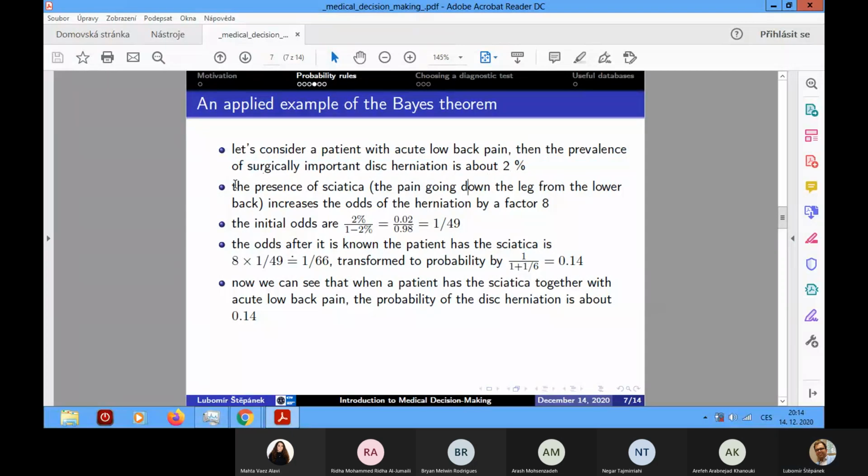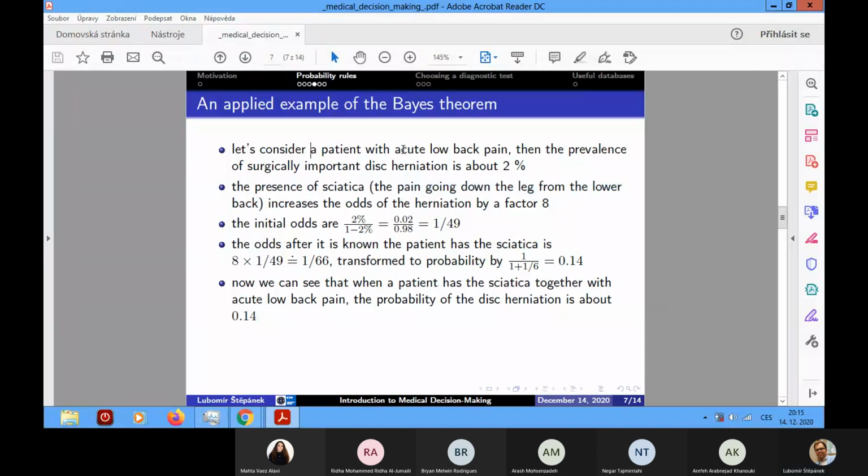But let's suppose that the patient also got sciatica. I believe that you know what sciatica is: a pain which goes down to the leg from the lower back, a kind of shooting pain which goes down very quickly and intensively. So we know two things about the patient.